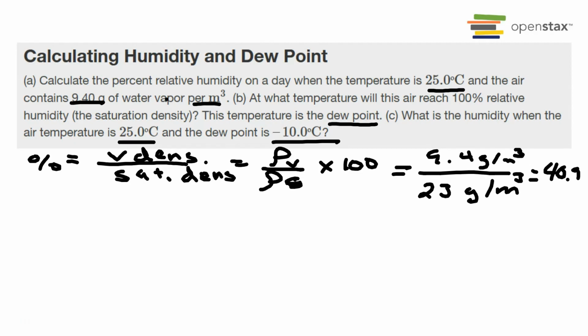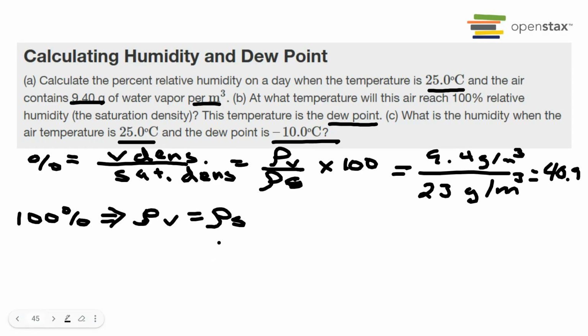Now for part B. Part B says, when will this reach 100%? Well, it reaches 100% when my vapor density is equal to my saturation vapor density. So I go back to the table.